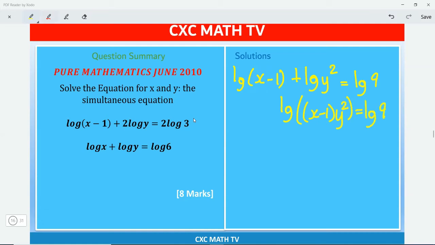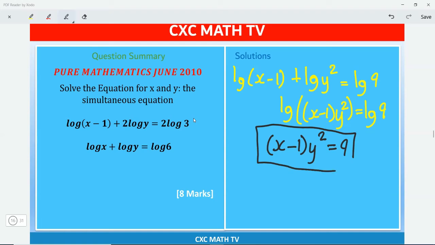From that, we can cancel the log on both sides to get our equation (x minus 1) multiplied by y squared is equal to 9. That's our first equation. Nice. Now the next equation says log x plus log y equals the log of 6.